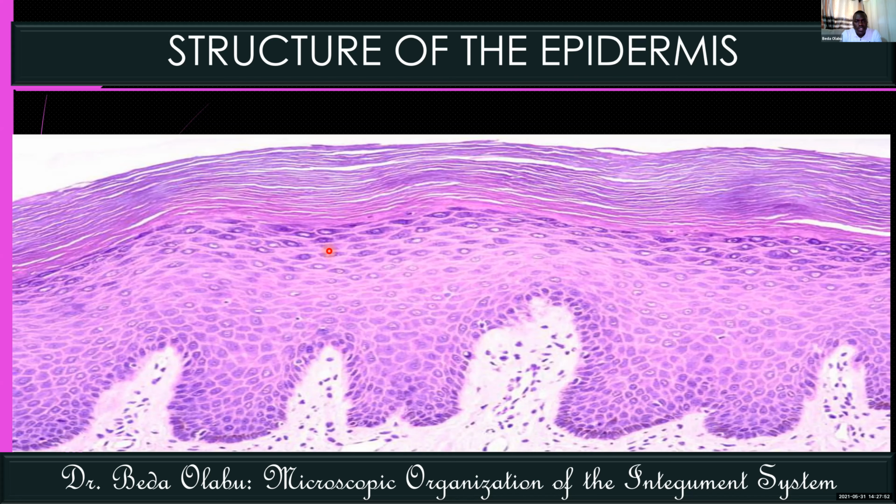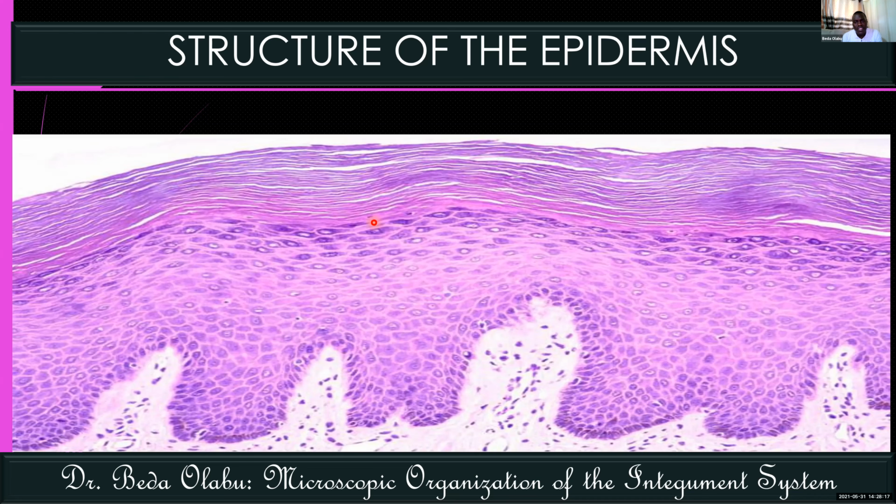We indicated that stratified squamous epithelium is very adapted to abrasion forces. It is adapted to withstand friction. There are three varieties of stratified squamous epithelium based on the degree of exposure to friction.